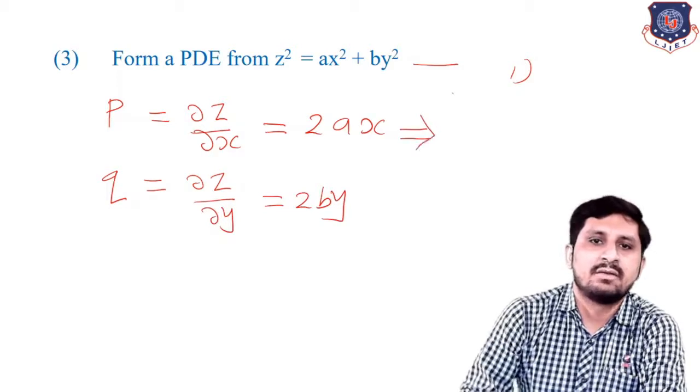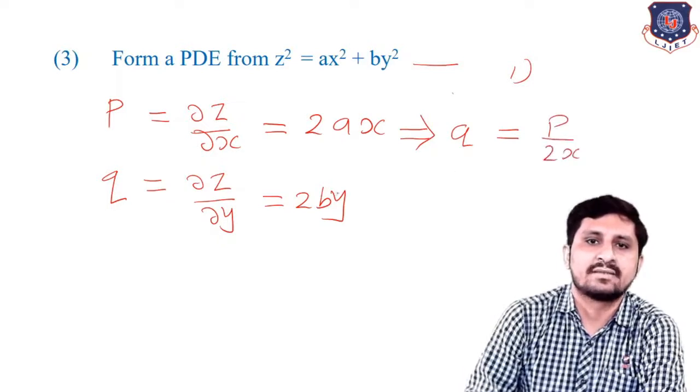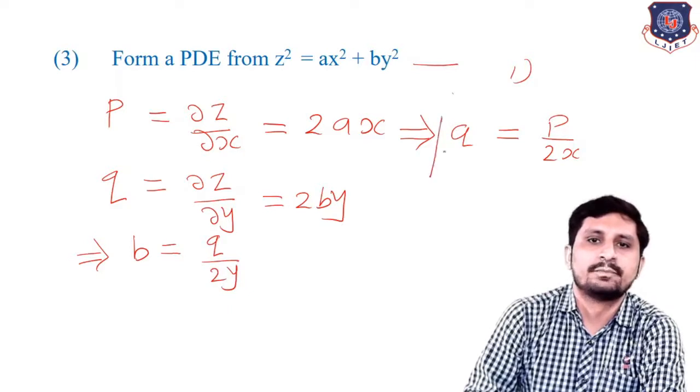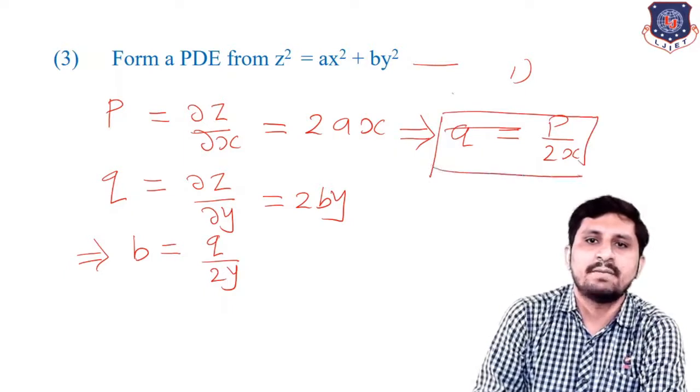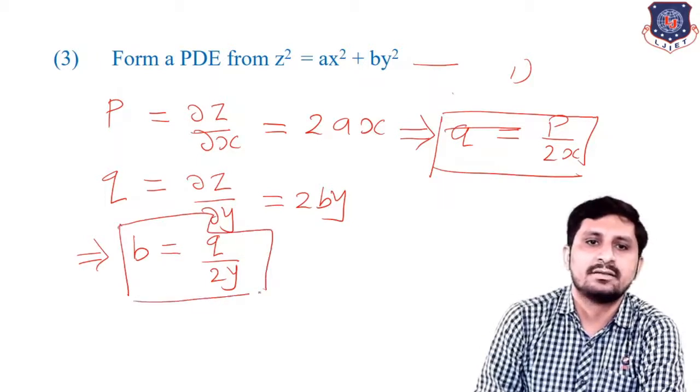Now from this equation, what is the value of a? The value of a is equal to p by 2x, and from this equation the value of b is equal to q by 2y.